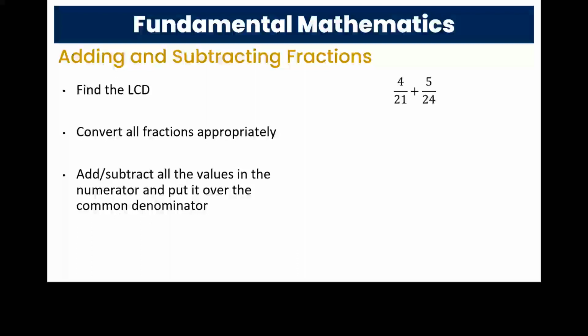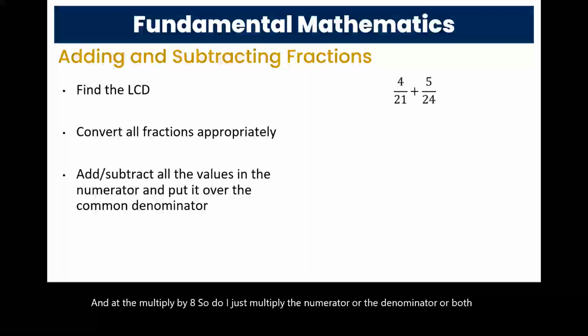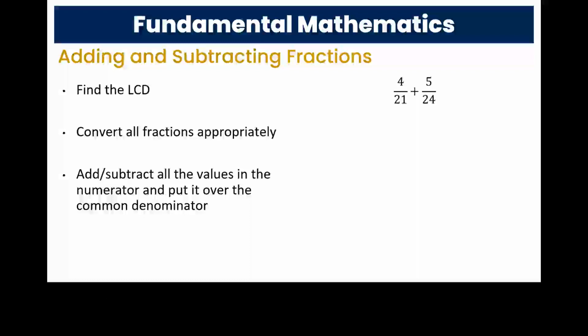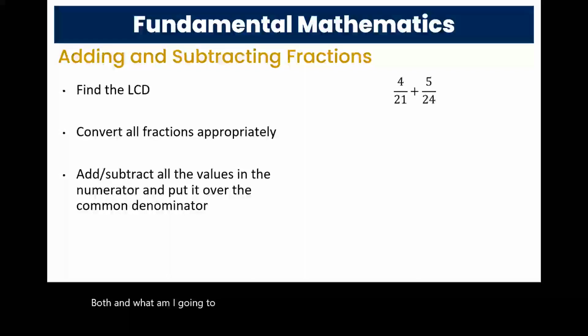I'm gonna have to multiply it by 8. So do I just multiply the numerator or the denominator, or both, by 8? Both. And what am I going to multiply the second fraction by?